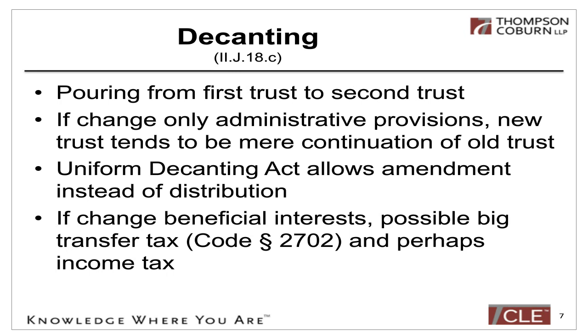So what if you do a decanting and instead of just changing your administrative provisions, you change beneficial interests? So you have an initial trust, and then you pour it into a new trust, and suppose that the beneficiary is a beneficiary of both trusts. How do you measure the impact of that change?